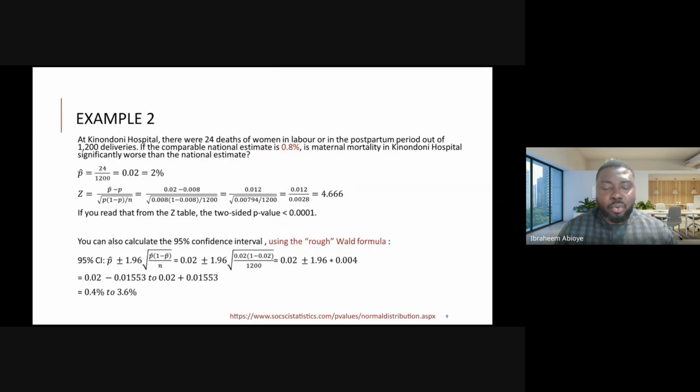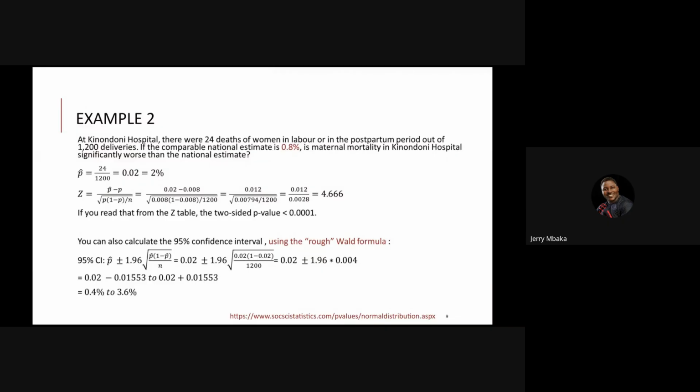So what is the proportion of deaths? Can somebody tell us quickly, or just walk us through how you will obtain it? 24 over 1,200.